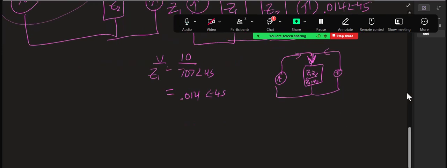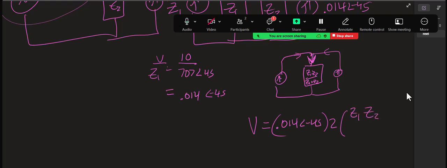And so the voltage that we're looking for is going to be 0.014 angle negative 45 times 2, because I have two of them, times my impedance, which would be Z1 Z2 over Z1 plus Z2. And I believe if you do all of those calculations, you would get 16.6 angle negative 33.7. And I have to stop here.